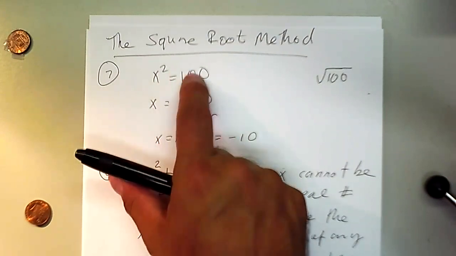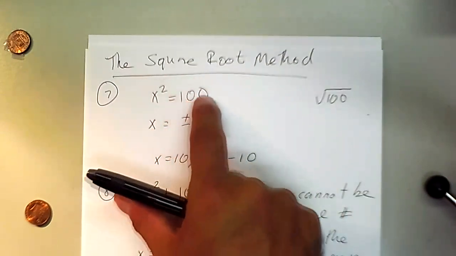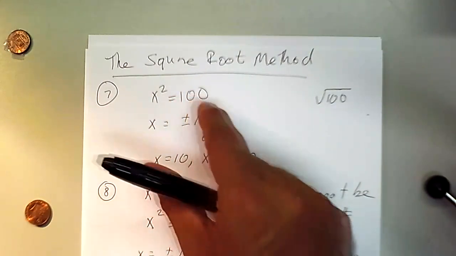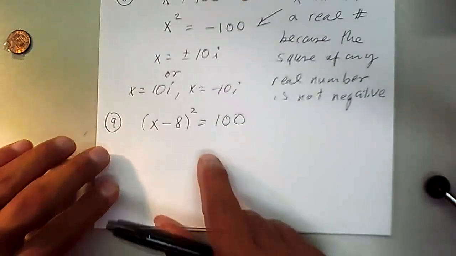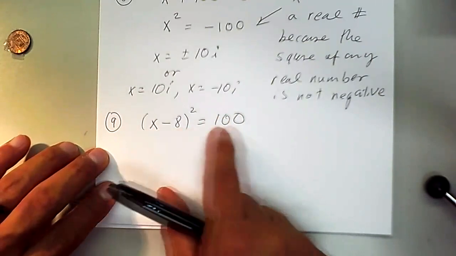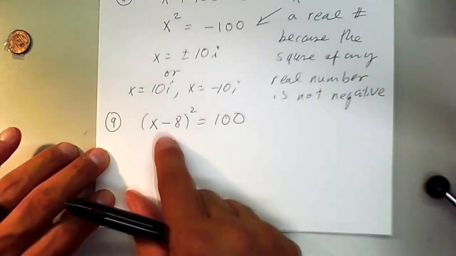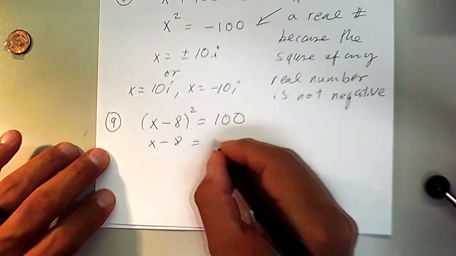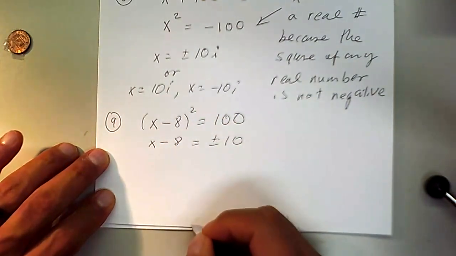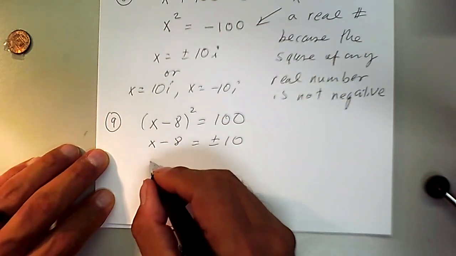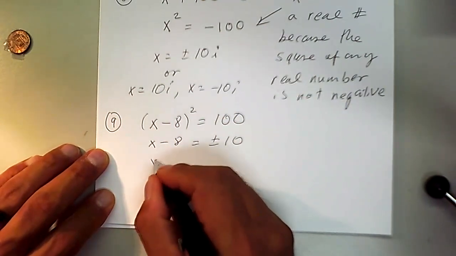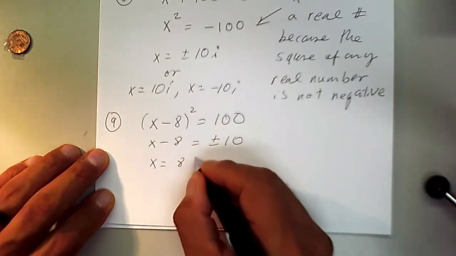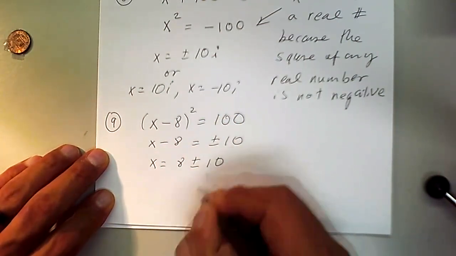So in order to apply the square root method, we have to have a single real number on one side of the equation, like 100. So we take the square root on both sides. So x minus 8 equals plus or minus 10. And that means that x, if we add 8 to both sides of the equation, equals 8 plus or minus 10.